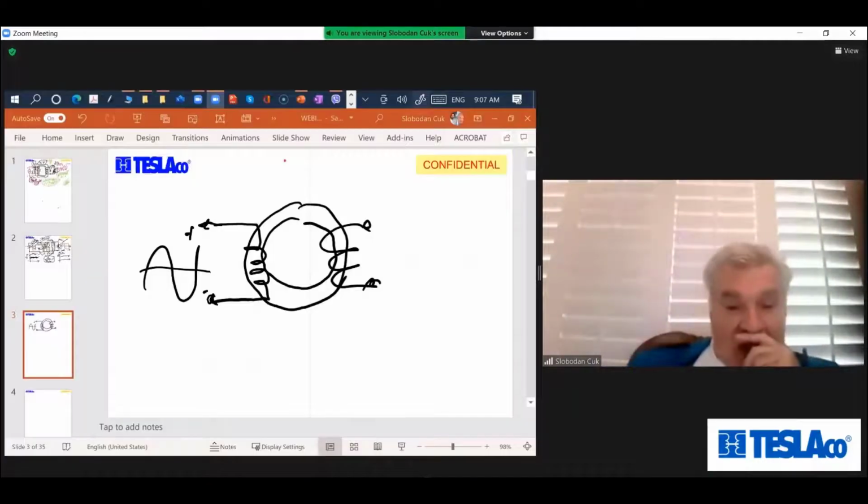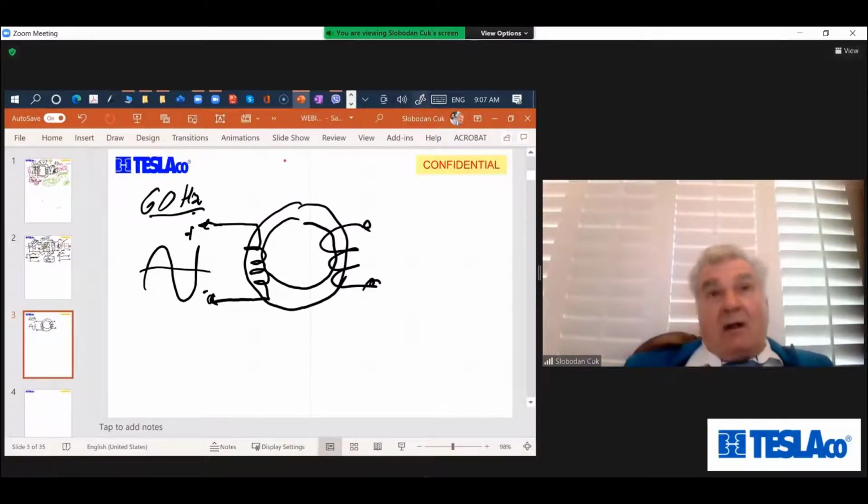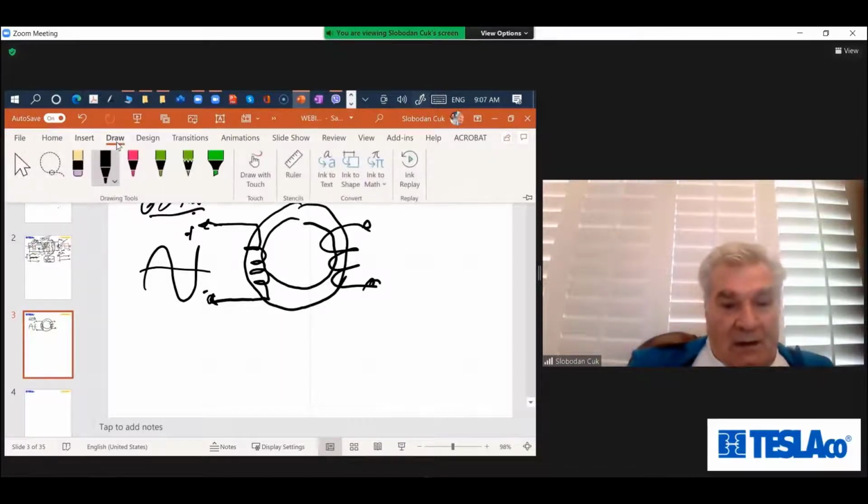Okay. So now a 60 Hz transformer. It's huge power, megawatts and so on. We have the real transformer.